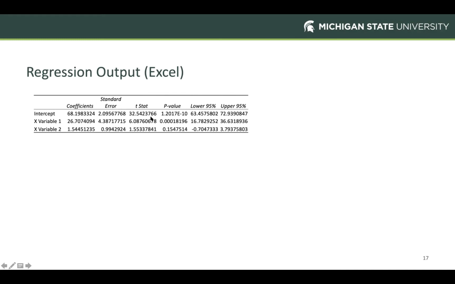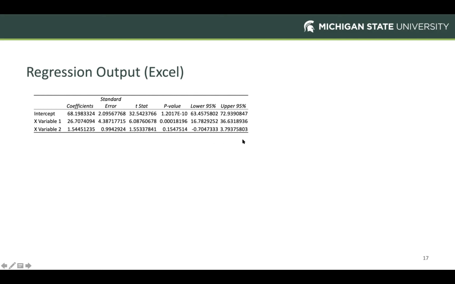We see those results right here, along with the corresponding p-values, which tell us that our intercept term, as well as our variable that represents the depth of the rumble strips, are both highly significant. These would be significant at alphas of less than 0.001 and even less than that. The difference between HMA and chip seal pavements is not significant at 95% confidence, and so we would fail to reject the null in that case.